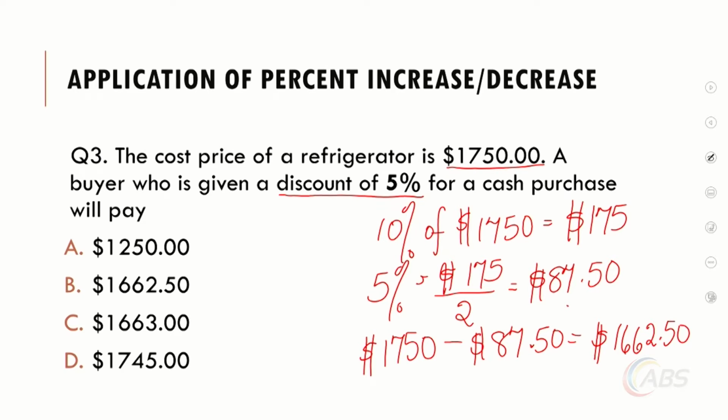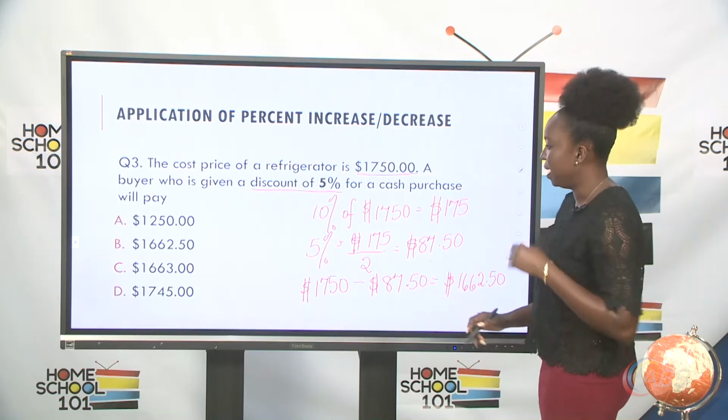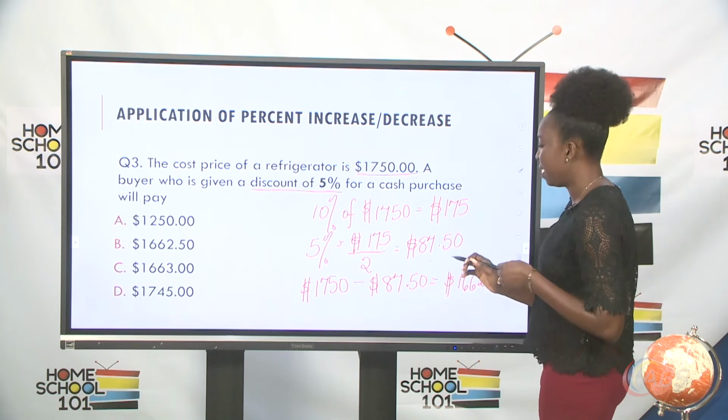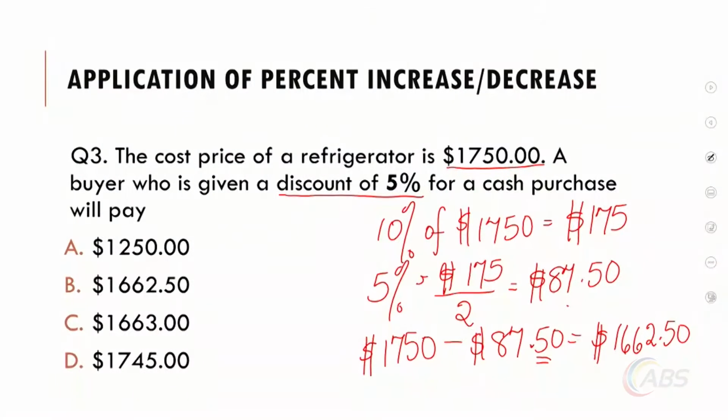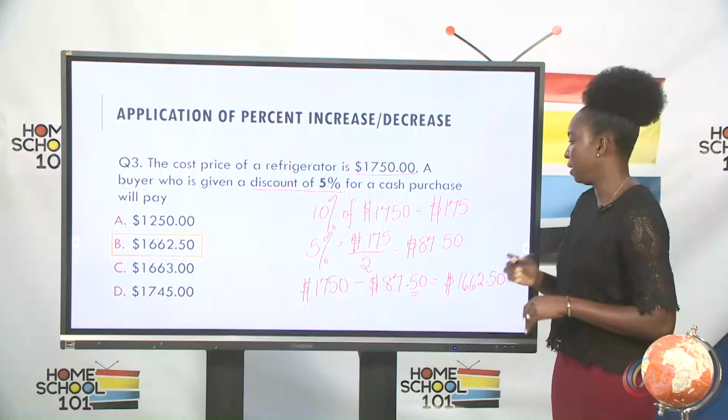And if we look at the options, we know that we could have already eliminated A, C, and D, all because of our 50 cents here. Okay? So our option is $1,662.50.